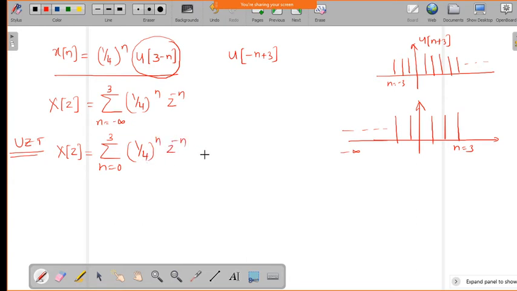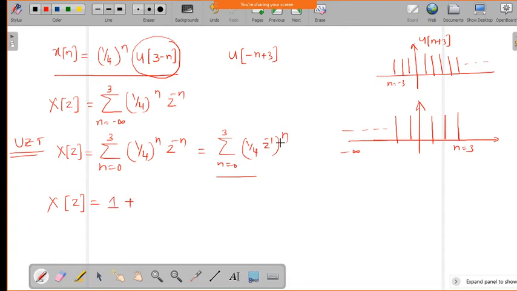Now we can write this as summation n equal to 0 to 3, ((1/4) z^(-1))^n. Now we can put the values of n equal to 0, 1, 2, 3. Because it is limited values, you can find out X(z). If you put n equal to 0, it will become 1.